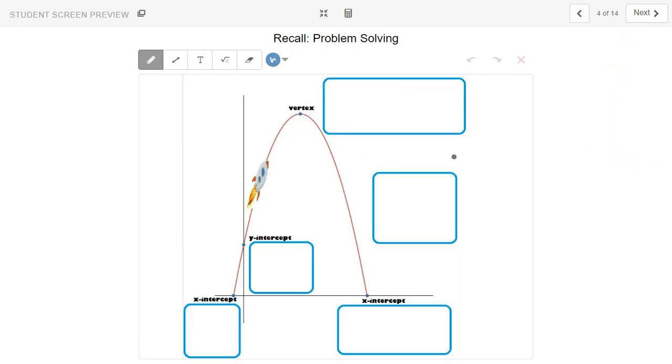So looking at this from a graphical point of view, to reiterate everything that we've talked about, finding the vertex, if we're in vertex form, then we can get it from using h and k. If we're in standard form, then we're going to use the equation h is equal to negative b over 2a to find the h value.